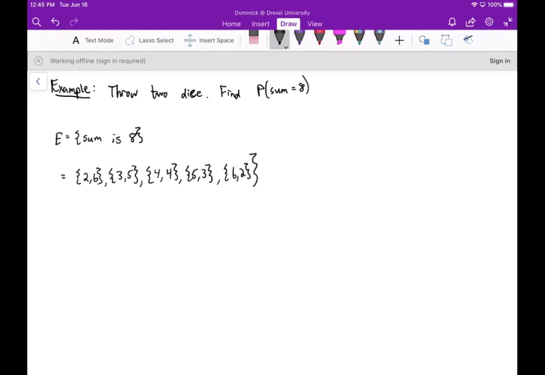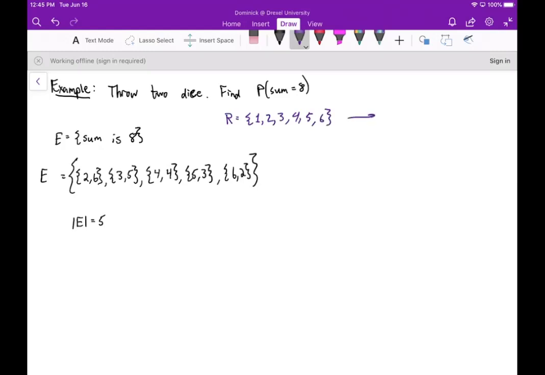So it looks like our event E has 5 possibilities, so the size of E is 5. Now, if we roll 2 dice, how many possible outcomes are there? If I roll 1 die, my possibilities are 1, 2, 3, 4, 5, and 6.